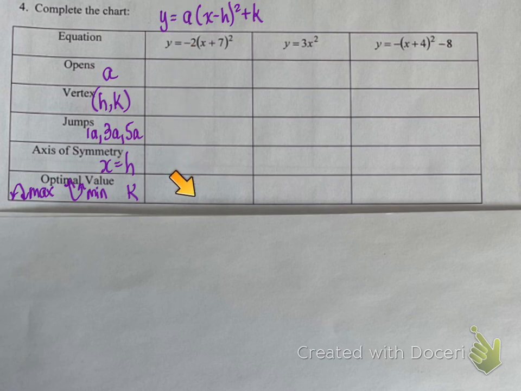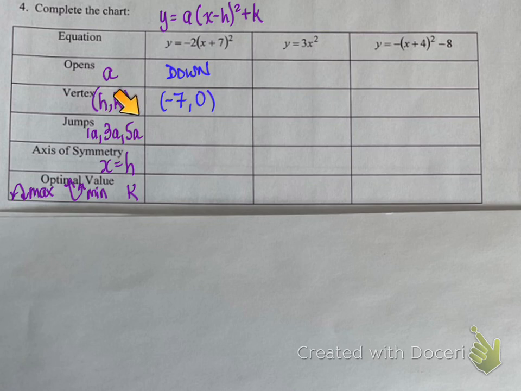So let's look at this first one to be able to answer the questions. This graph opens down. Why? Because the a value is negative. Now, the coordinates of the vertex, opposite of what you see here, so it's -7. And the k value is the number after the square, which is 0.